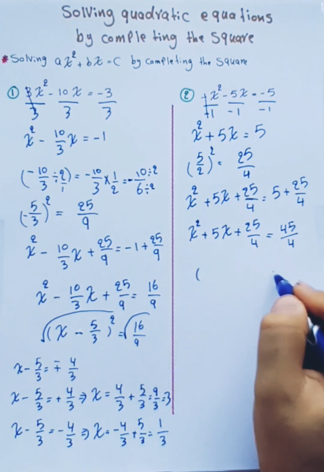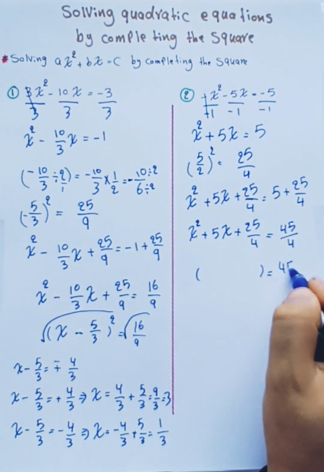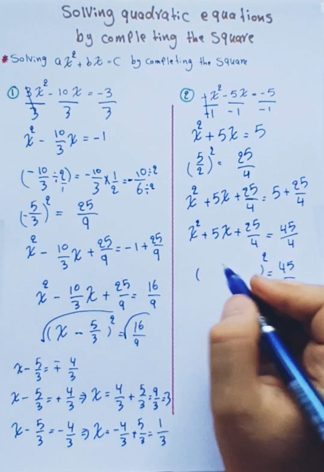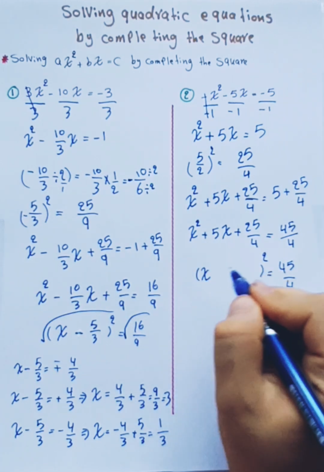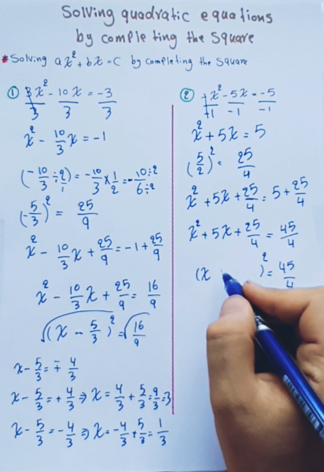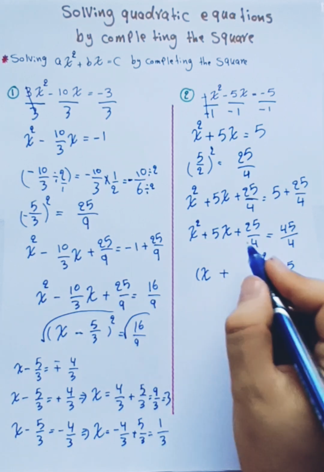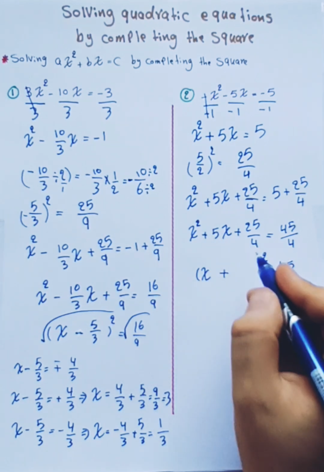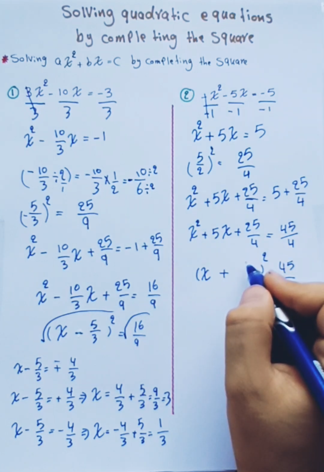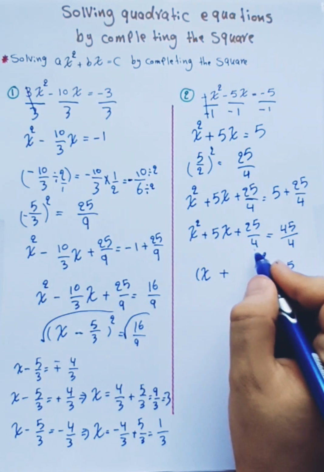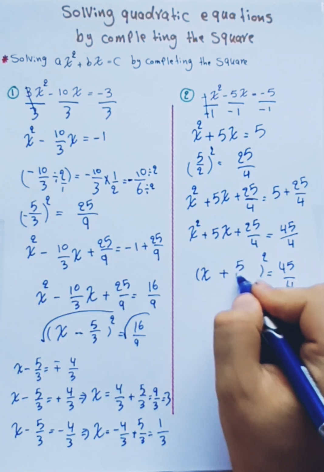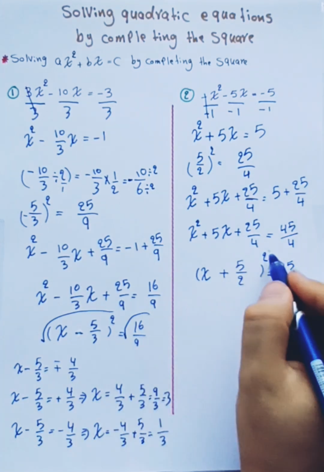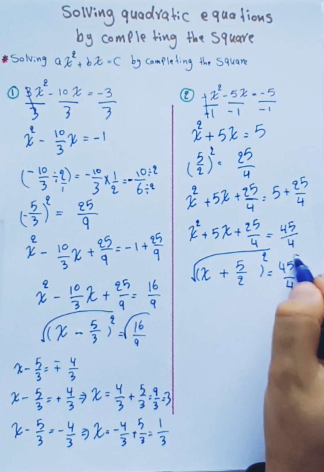We can use the perfect square rule. x squared comes from x times x, and then we have to write plus, because both signs are positive. 25 out of 4 comes from 5 out of 2 times 5 out of 2. Now we have to take the square root of both sides.